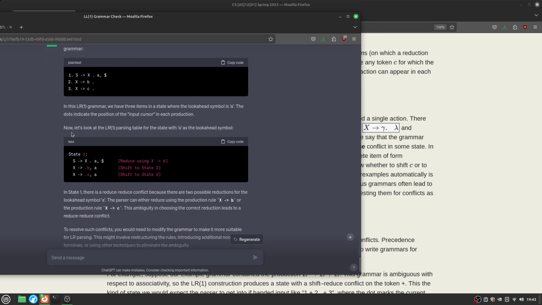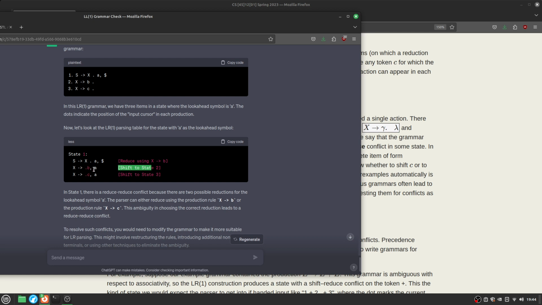In state 1, there is a reduce conflict because there are two possible reductions for the look-ahead symbol A. The parser can either reduce using the production rule X tends to B, why is this saying shifting? Don't we want to reduce, not shift?